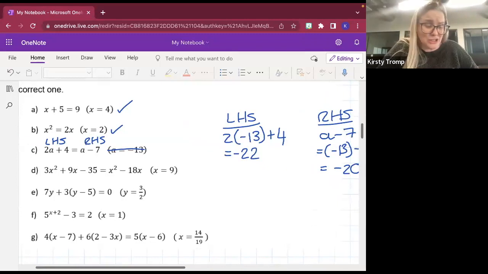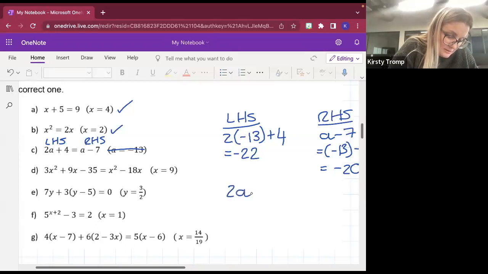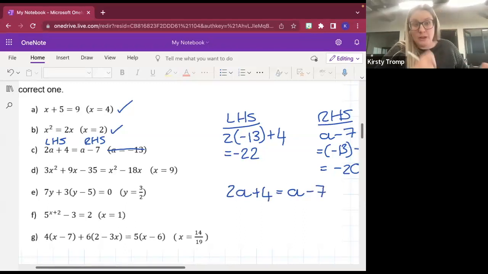The instruction said to substitute in to see if it was the right answer. Now that I know that it's not the right answer, we need to work out what the right answer actually is. That was part of the sum. So the sum says 2A plus 4 equals A minus 7.